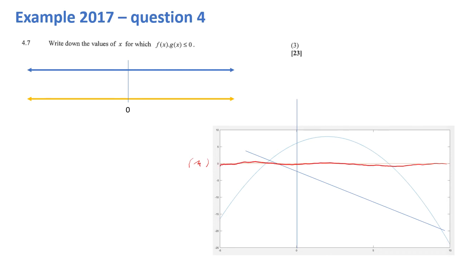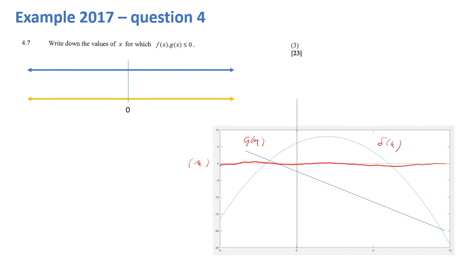Values where this function g(x) and this function f(x) have a product that is negative. So let's think about it step by step.